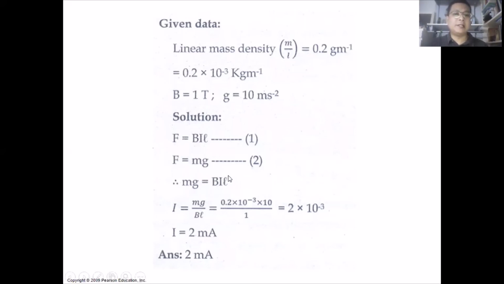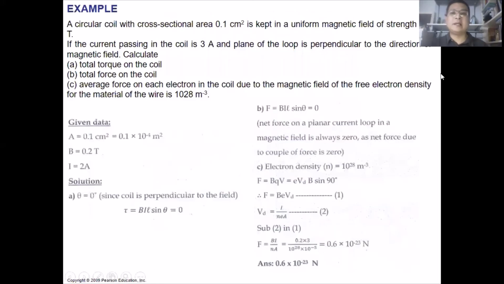So we can get the current from this formula. Okay, now we get the current equal to 2 ampere. This one is the last example of how to implement the formula of force. Okay, we go to the next example.